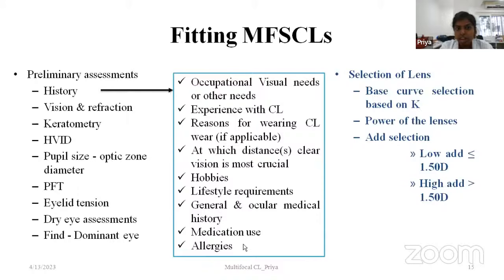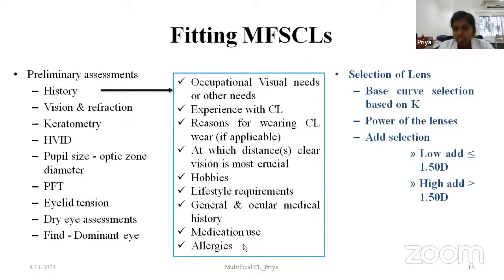In history, we ask about occupational visual needs or other needs, experience with contact lenses, reasons for wearing contact lenses if applicable, at which distance or distances clear vision is most crucial, hobbies, lifestyle requirements, general and ocular medical history, medication use, and allergies.